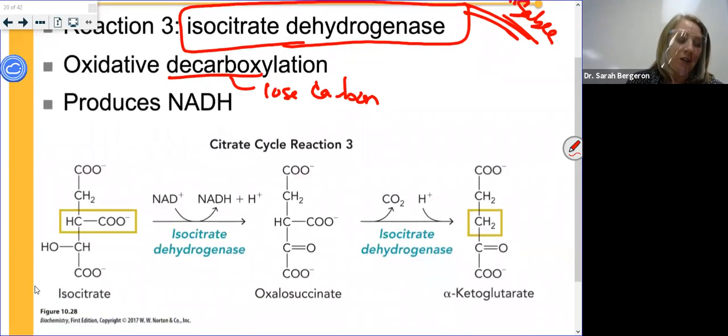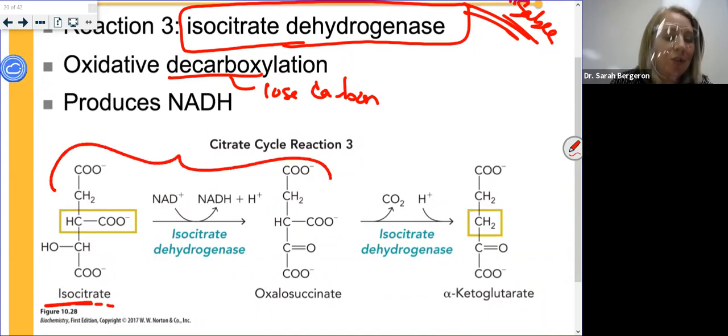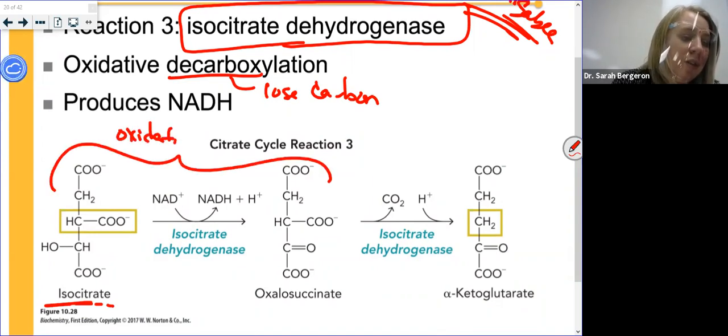So look at isocitrate. It's a two-step reaction, right? First, we're going to have an oxidation. In that oxidation reaction, we're going to convert from NAD plus to NADH. That's our oxidation reaction. Now, what happens? They kind of highlight the carbons that you should be paying attention to. So what's happening when we go from oxalosuccinate to alpha ketoglutarate?